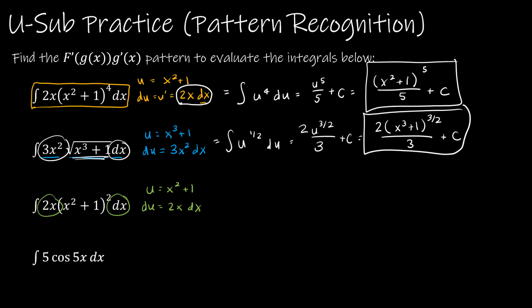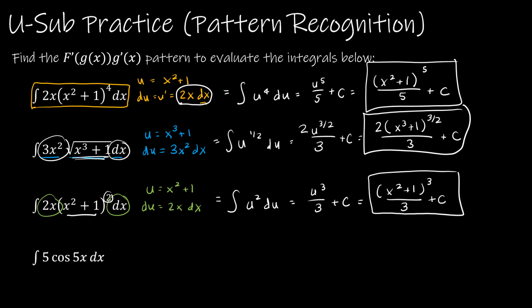So when I'm rewriting this, I really just have u squared du. So now I'm integrating that, so I'm going to get u cubed over 3 plus c, and then I replace u with x squared plus 1 divided by 3, oh, I think I missed a cubed, and then plus c. So that's my final solution.